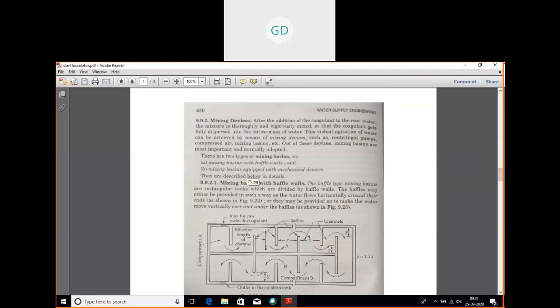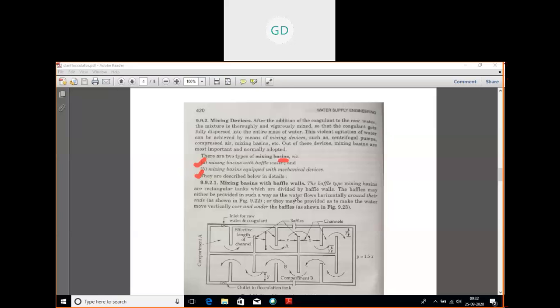Mixing basins are divided into two types: number one, mixing basins with baffle walls, and the other, mixing basins equipped with mechanical devices.